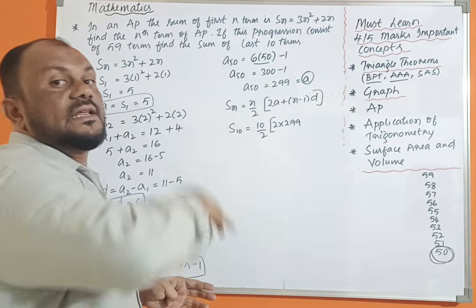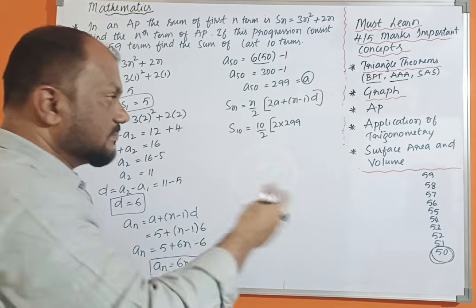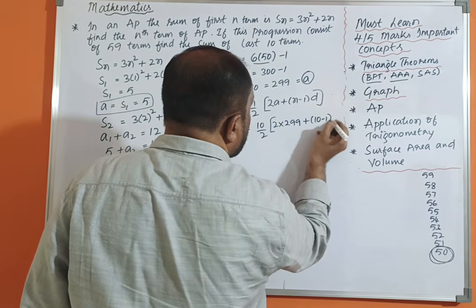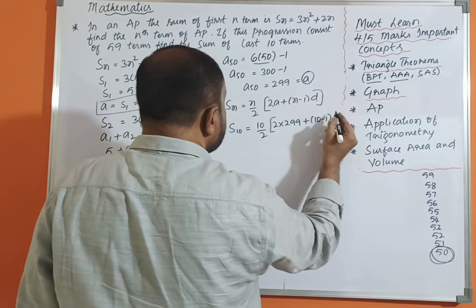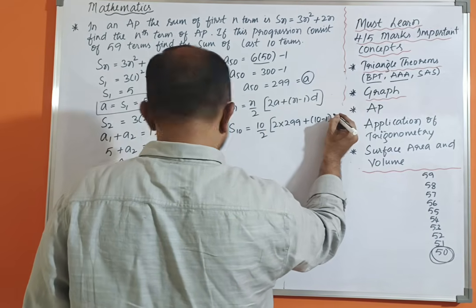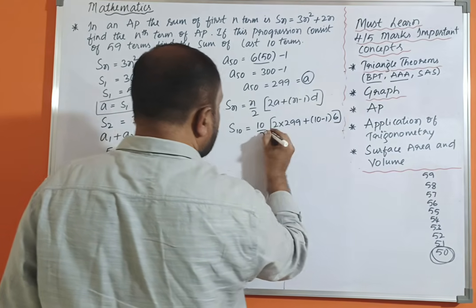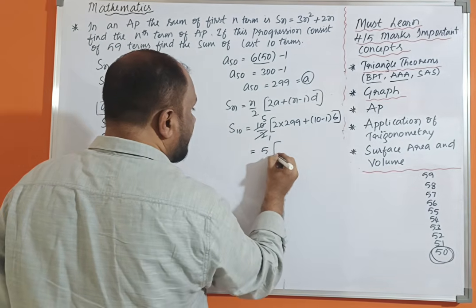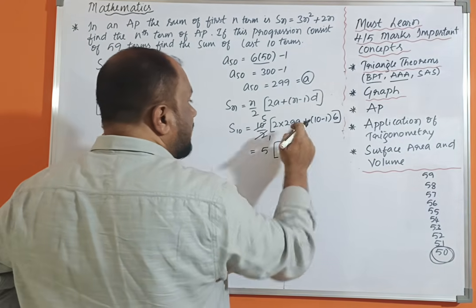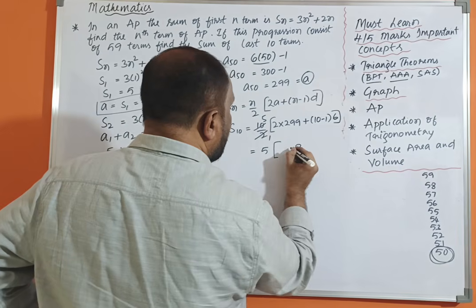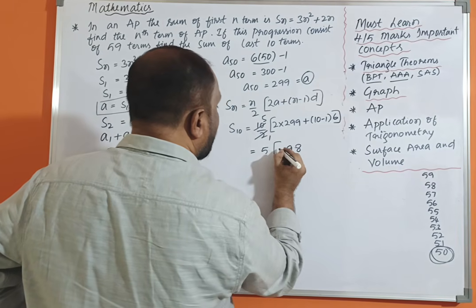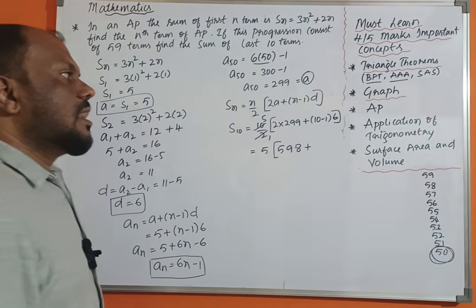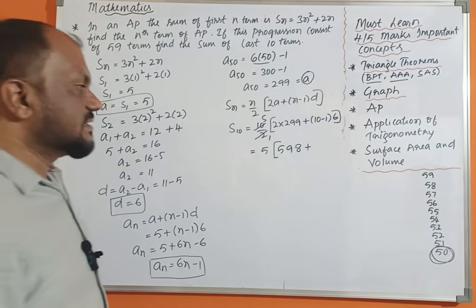We are finding only the sum of last 10 terms, plus 10 minus 1 into d. D is 6. 2 into 299: 2 nines are 18, carry 1, 18 plus 1, 19, carry 1, 598. Plus 10 minus 1 is 9. 9 into 6, 54.